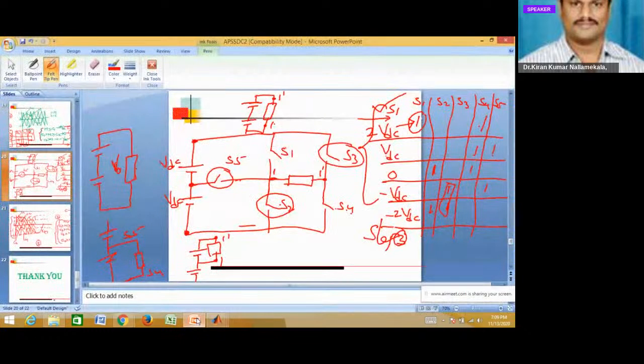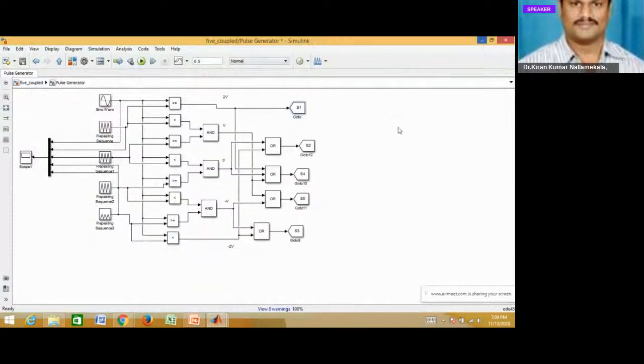Coming to S2, 0 voltage level and minus 2 VDC voltage level. See, this is the 0 voltage level given to the first terminal, and the second terminal is given the minus 2 VDC level. Both are given to an OR gate and given to the respective switch S2.